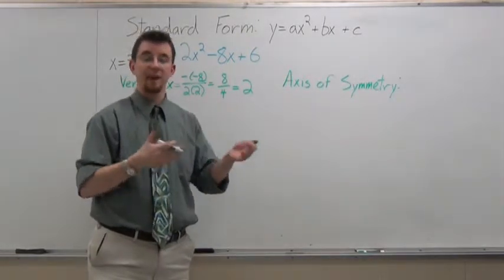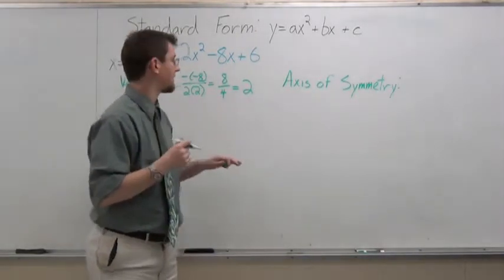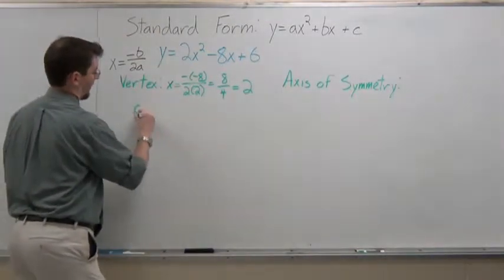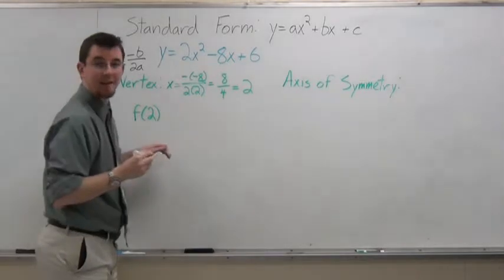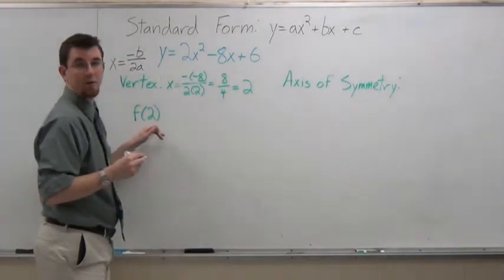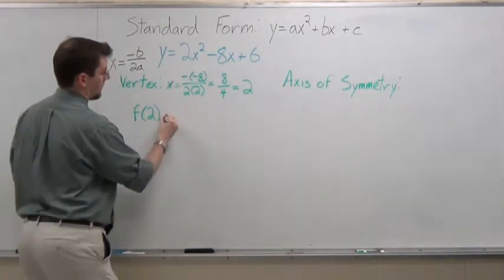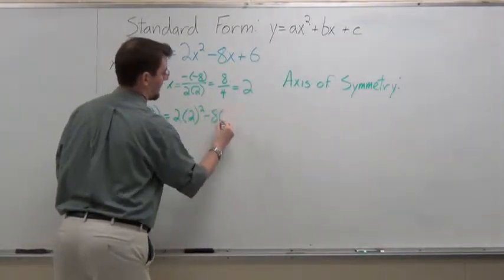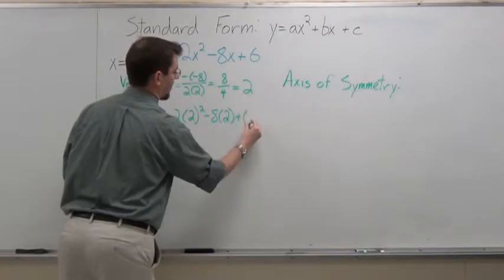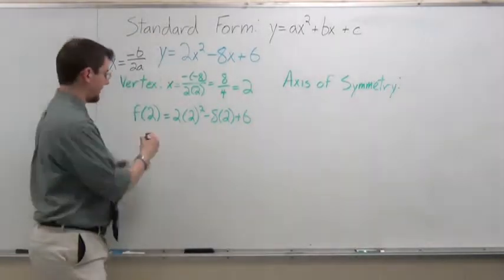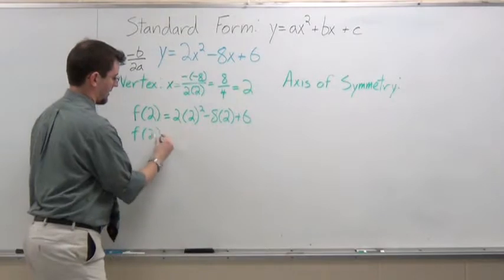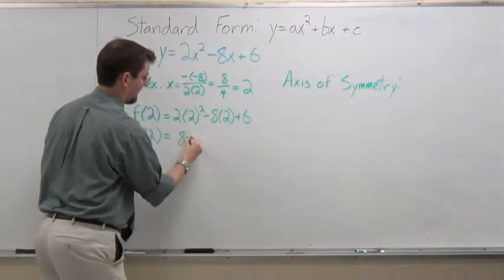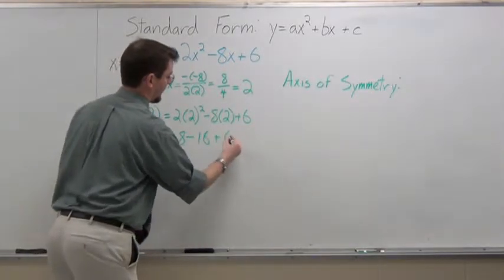Now, a vertex has an x and y coordinate, so we're not quite finished yet. Basically the y coordinate, I'm going to find the y value in the function when x is 2. So this is just plugging in, and then evaluating. 2 squared, 4 times 2, 8, minus 16 plus 6.